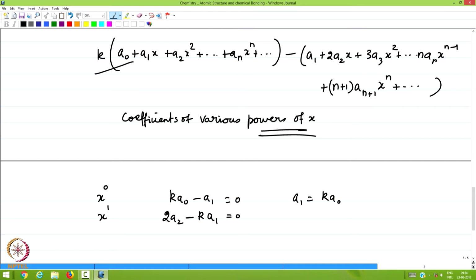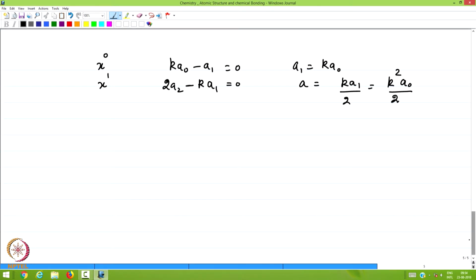Therefore, a 2 is equal to k a 1 by 2, and a 1 is already there as k a naught. So, you have a 2 equal to k square a naught by 2. And the third, if you write the x raised to 2, x square term, it is 3 a 3 minus k a 2 is equal to 0.